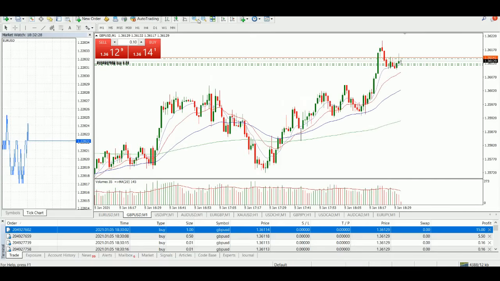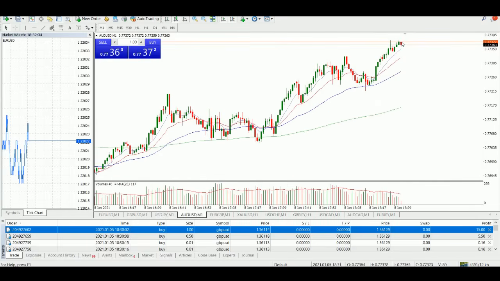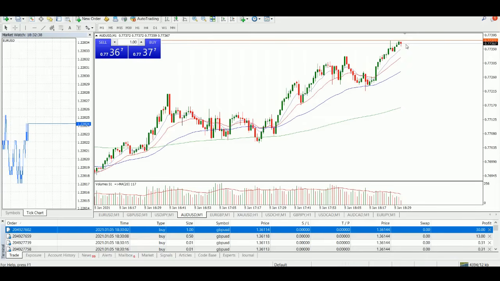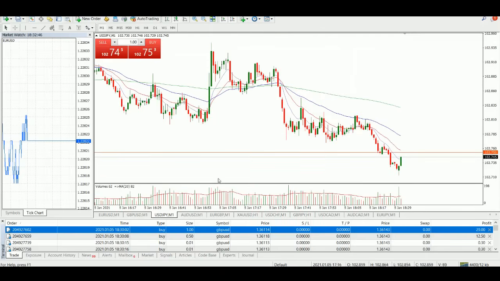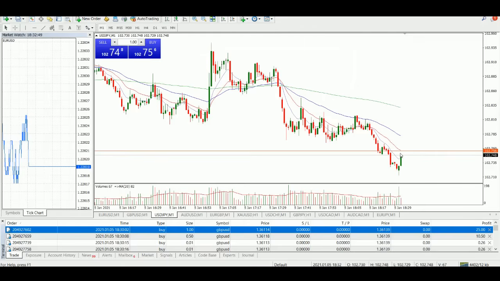So you have to understand very well how things work. I could have entered here on AUD dollar, but AUD dollar is still in the up mode, and the market may retrace in a second. So why take this risk? Risk management is a key, it's essential. Also, USD yen now is giving a great selling one.